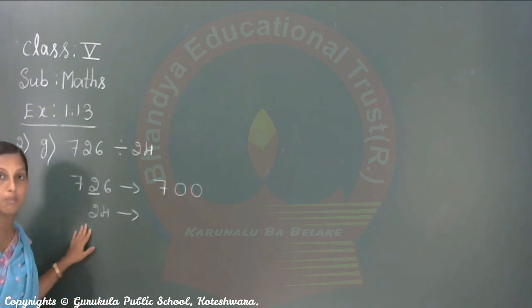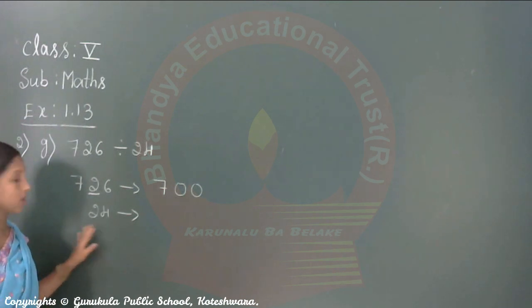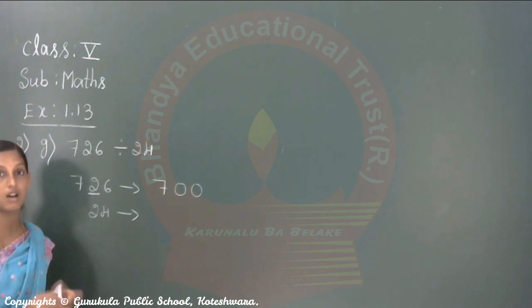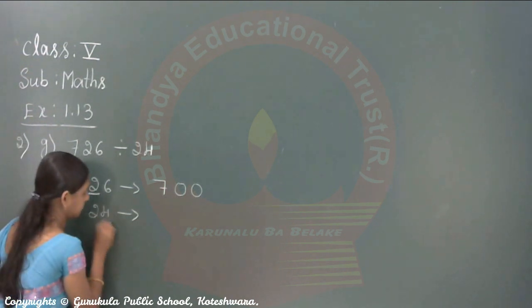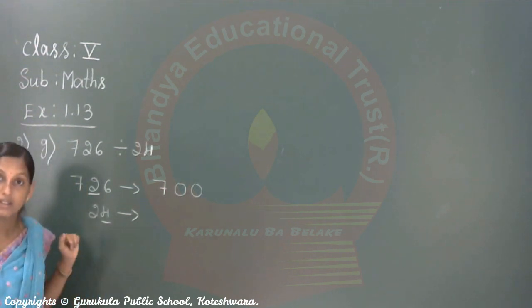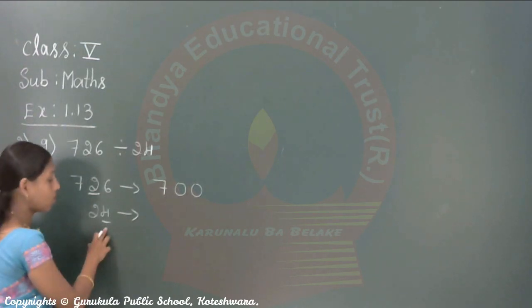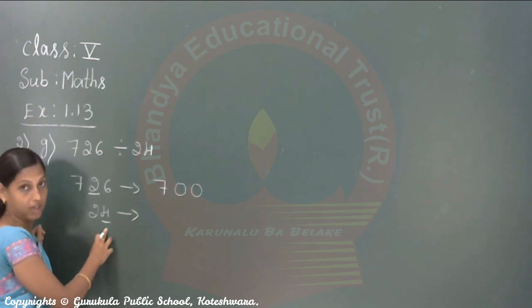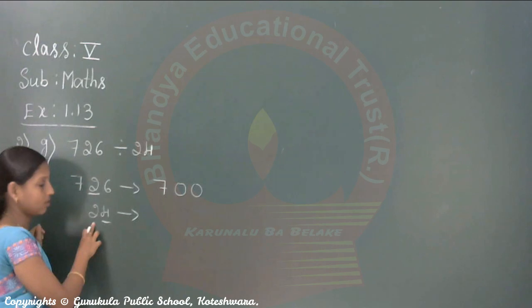Next, 24, ones and tens place. Here the maximum place value is tens. Round off nearest to tens means see the ones place. What is there in ones place? It is 4, less than 5. So no need to add anything to the tens place.